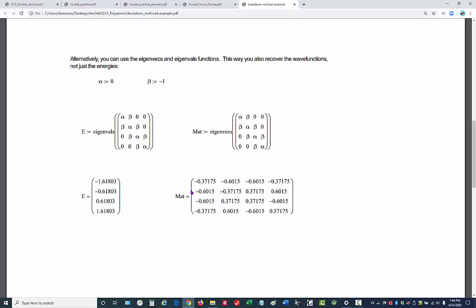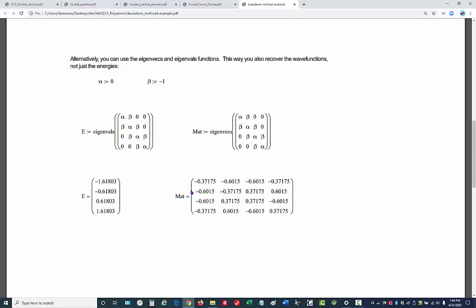What's even better about taking this option is that it's a way of getting the MOs. If you take that very same matrix and ask for the eigenvectors, so we'll call this MAT matrix, eigenvectors of that matrix, it will dump out for you these individual rows and columns.